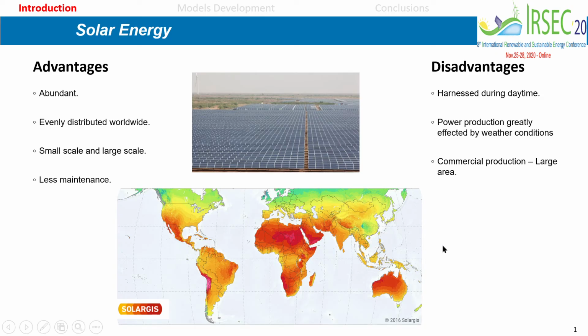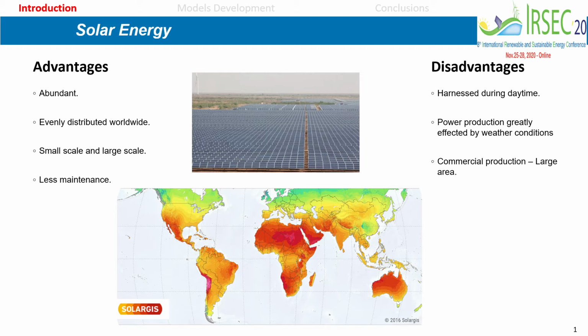As you all know, there are certainly many advantages for solar energy, such as abundance, distributed almost evenly worldwide, and also less maintenance, with small scale and large scale possibilities. However, there are also disadvantages, such as the fact that we cannot harvest at night.